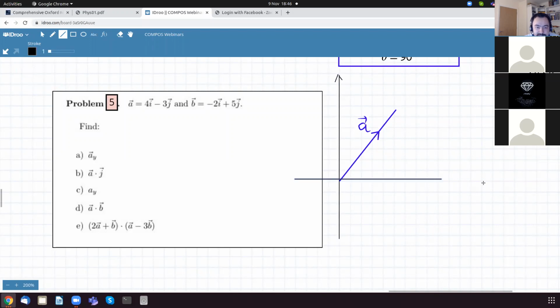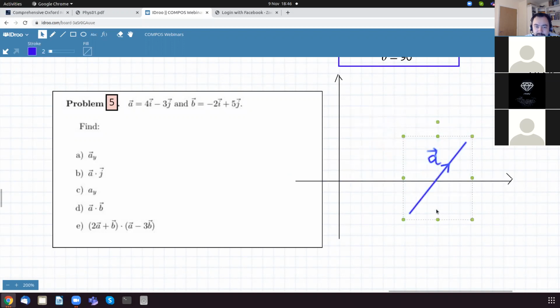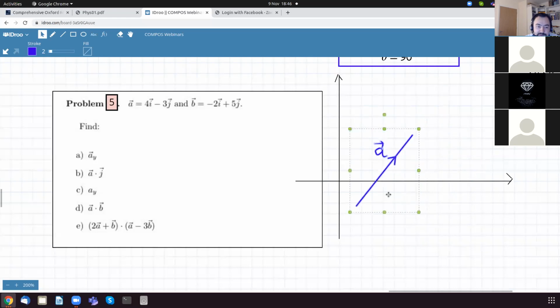Now, who said that the vector is from the origin? If you move vector A anywhere, it's the same vector. Vectors are displacement invariant; the vector doesn't change if you move it. So we can always draw a vector from the origin. Any vector can be drawn from the origin.